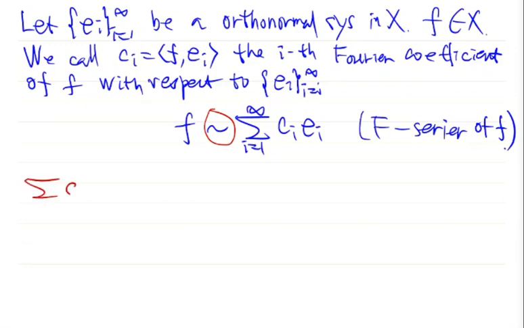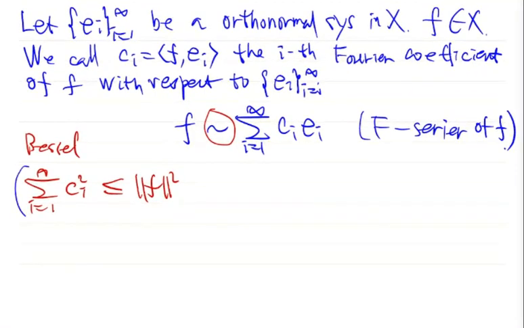So we know that the sum of ci squared is not greater than the norm of f squared by the Bessel inequality. This means that the left-hand side is a convergent series of real numbers. So by calculus, we know that ci converges to 0. That is, the Fourier coefficients must converge to 0.